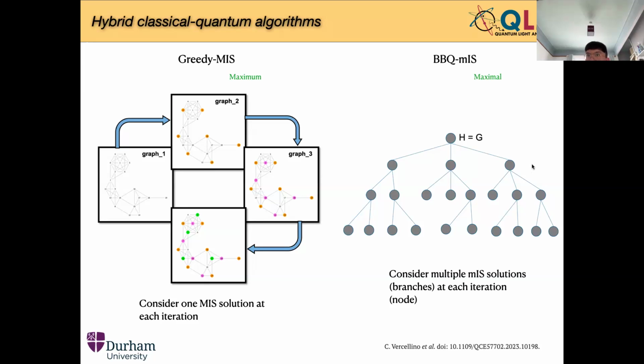And these 3 solutions will generate a branch for the branch and bound method. And each branch here still gets the MIS solution, and then you remove that maximal independent set subset, and on the remaining graph solve the maximal independent set again, which gives for example this branch 2 MIS solutions, and they do this again and again until there is no vertex left for coloring. And because it is a branch and bound method, they will have some pruning criteria to eliminate some trajectories.